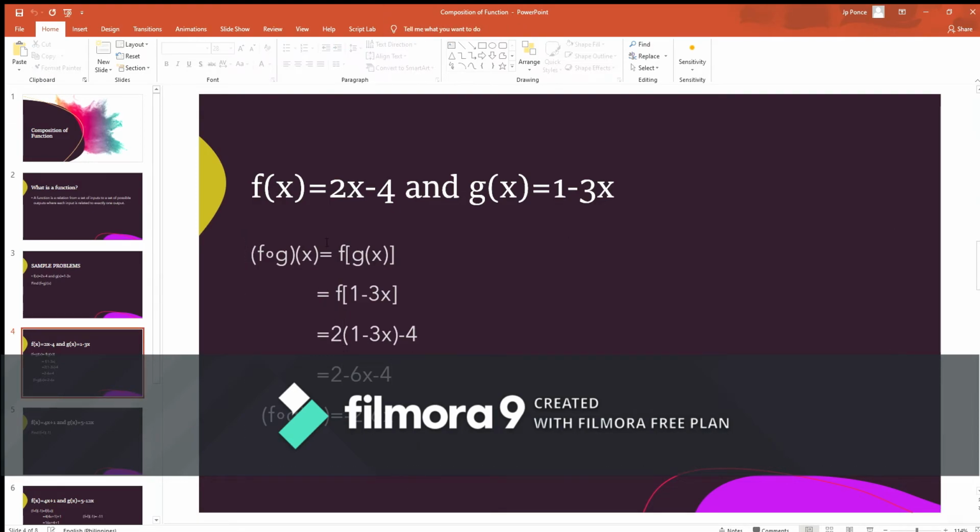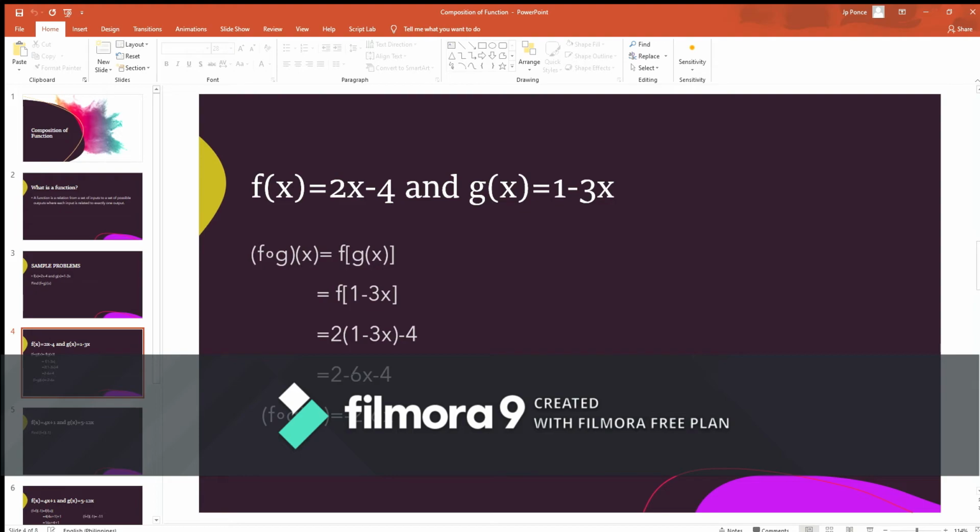We don't use x, because it's just f and not f of x. 2, substitute here, and the negative 4, substitute here. Now all you have to do is distribute the 2 into this parenthesis. Now 2 times 1 is equal to 2, and 2 times negative 3x is equal to negative 6x. So that will give you 2 minus 6x minus 4.